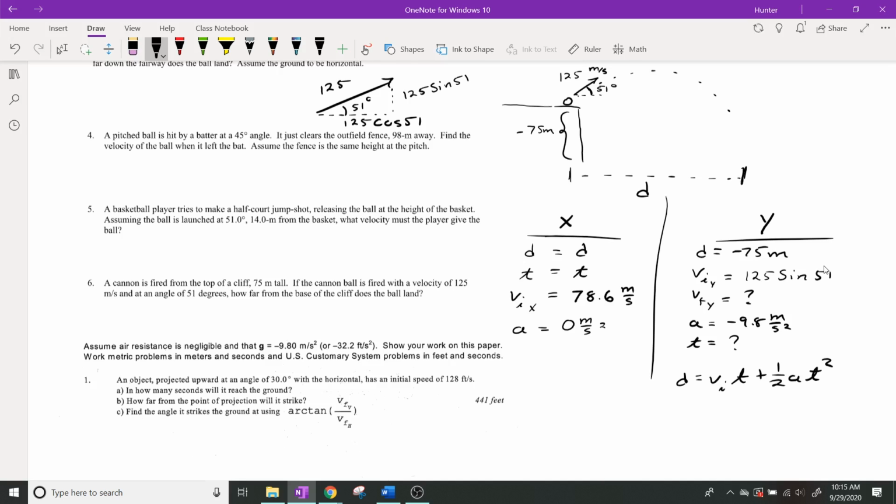The displacement is negative 75, and your VI is 125 sine of 51, which is 97.1 meters per second. 97.1 times time. Was that a positive or a negative number? It's positive, because it's going up, right? Plus 1/2, negative 9.8, times t squared.